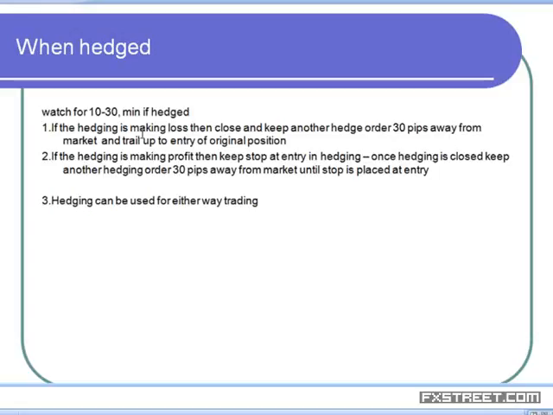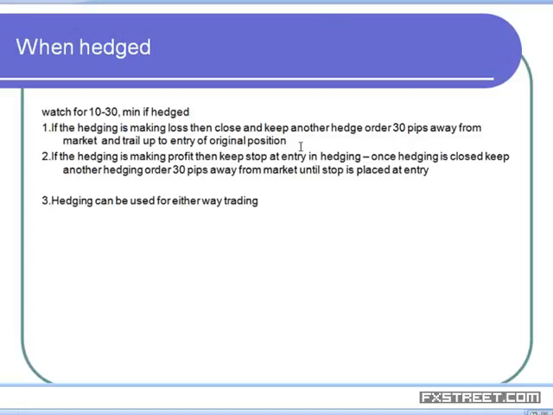then we try to close that hedging when it is in a loss of 2-3 pips or 5 pips, and keep another hedging order 30 pips away from the market and trail it up to the top of the original hedge level once the market reverses. How do we know that?